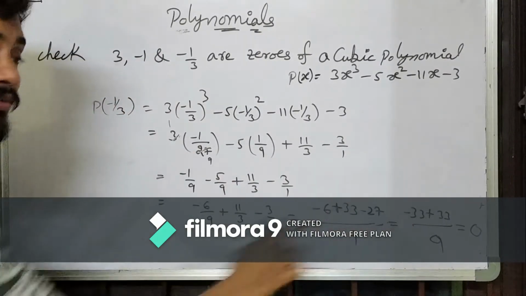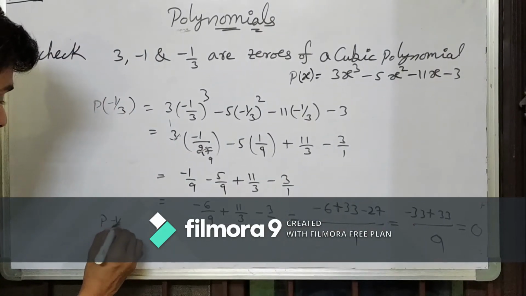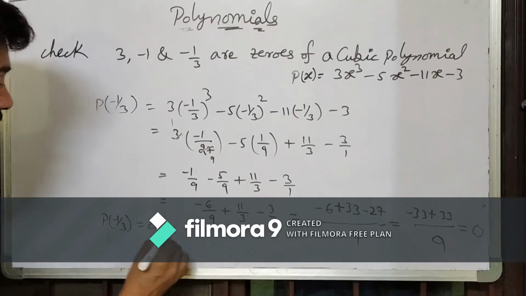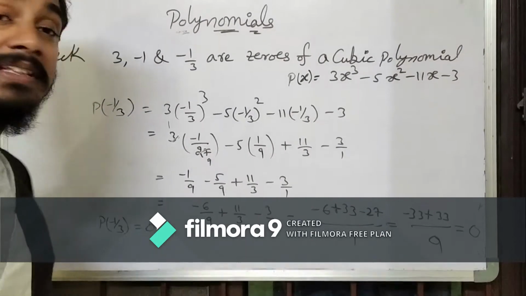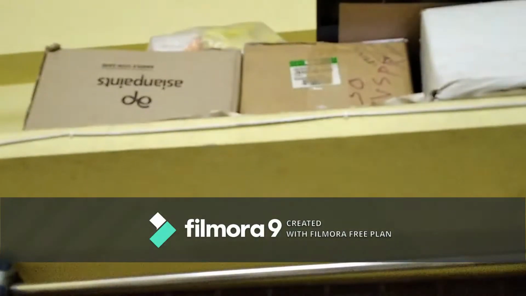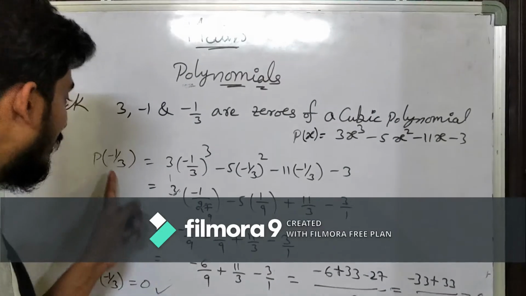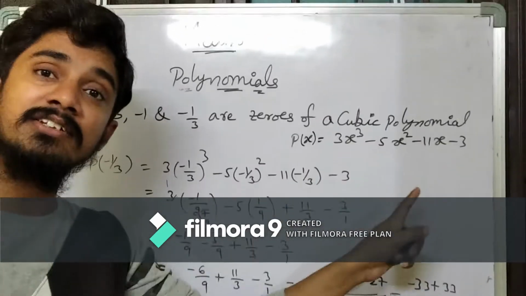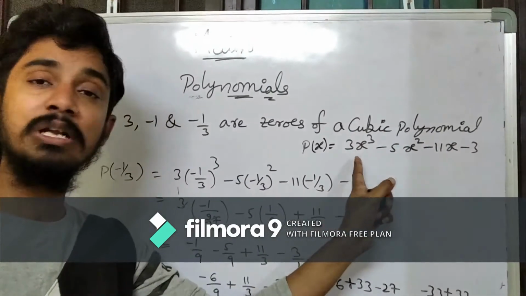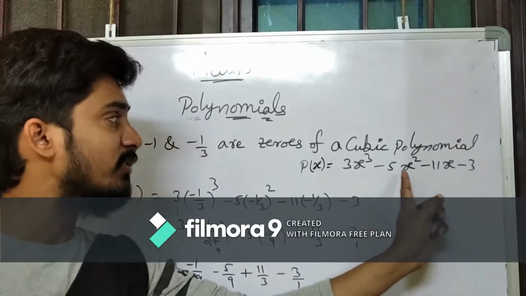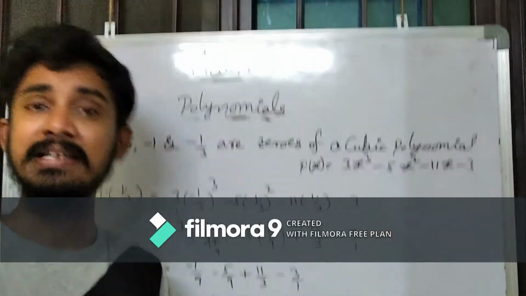So P of minus 1 by 3 is also 0. So minus 1 by 3 is another zero of the given cubic polynomial P of x equals 3x cube minus 5x square minus 11x minus 3.